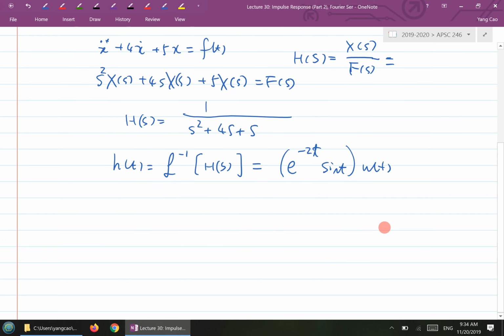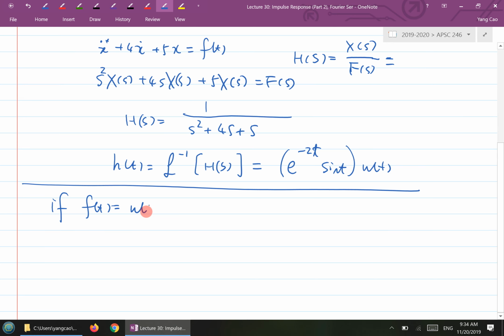The third part of the question is, if f of t is a unit step function and also initial conditions are given like this, let's solve for the output x of t.